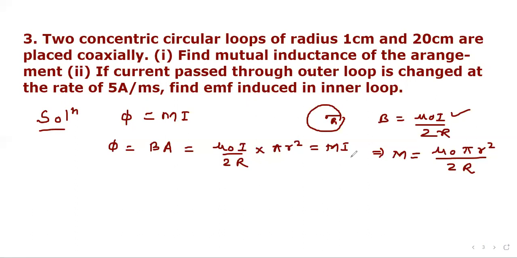Because there are two coils, one has radius 1 centimeter, other has radius 20 centimeters. So here small r is 1 and capital R is 20. So we put the values.